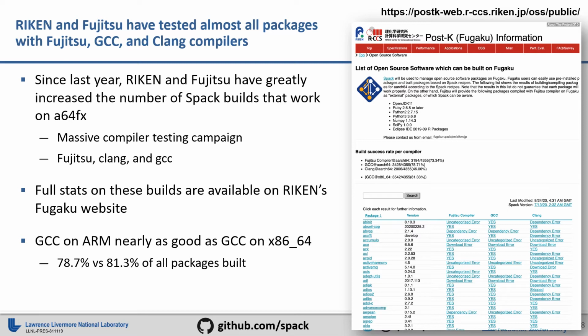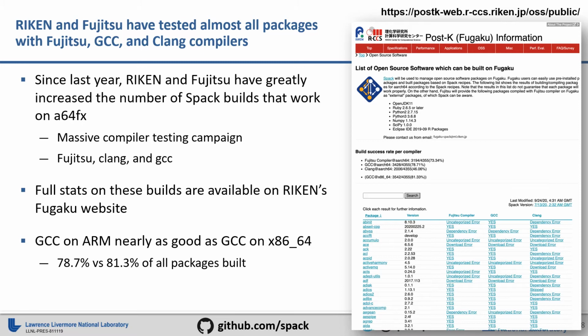And so they have this website that you can go to here, rccs.riken.jp/open source software/public. And you can see the result of every one of their builds. And I think the cool thing here is that when compared to their success rate with builds on x86_64 with GCC, with GCC on ARM, they're almost as good.